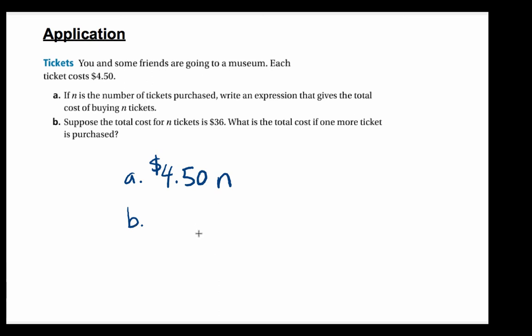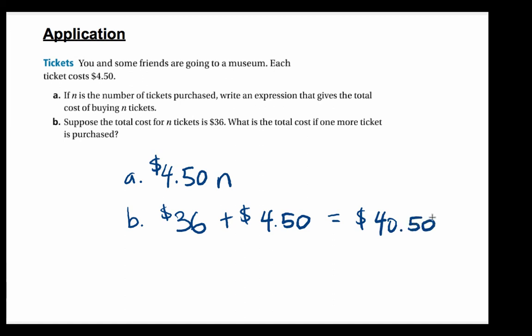So they're telling us n tickets cost $36. What happens if we buy one more ticket? Well, we know the tickets cost $4.50 apiece. So we're going to take $36 and add the cost of one more ticket, and that would give us a value of $40.50.